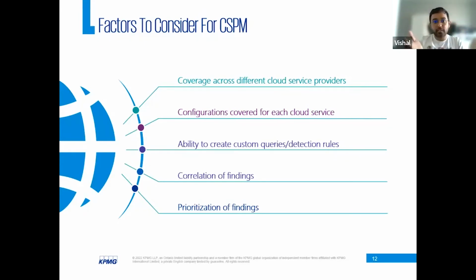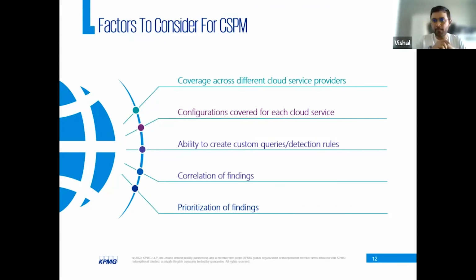That is the key due diligence exercise one should do before selecting a CSPM solution, because there are different types of controls available to the consumer. So first, understand what controls you have. Second, understand whether those controls or configurations will be covered by the CSPM solution or not.